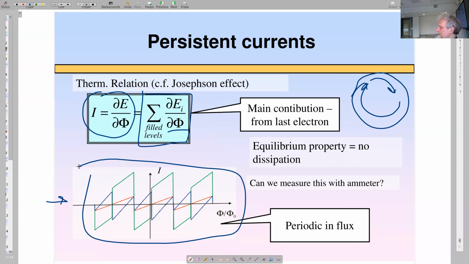How would you measure them? How do you measure current if you cannot have contacts? Yes, yes. This is more or less the only way to measure the current.